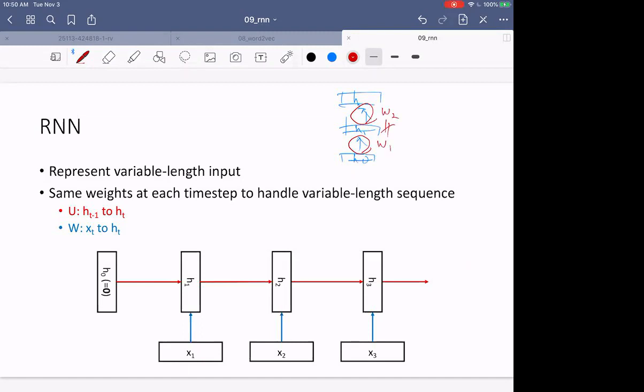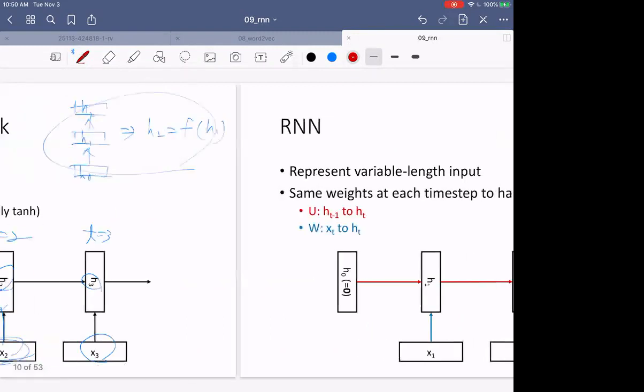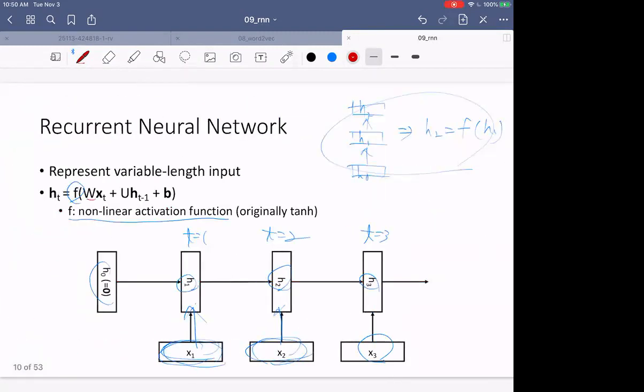But in an RNN, you don't know how many inputs there will be, so you use the same weights all over. Always you use the same set of weights. So you need two weights basically. One weight transforms your current input. Another weight transforms your previous latent representation. Because you're mixing the two, you need two weight matrices, and of course you need the bias.